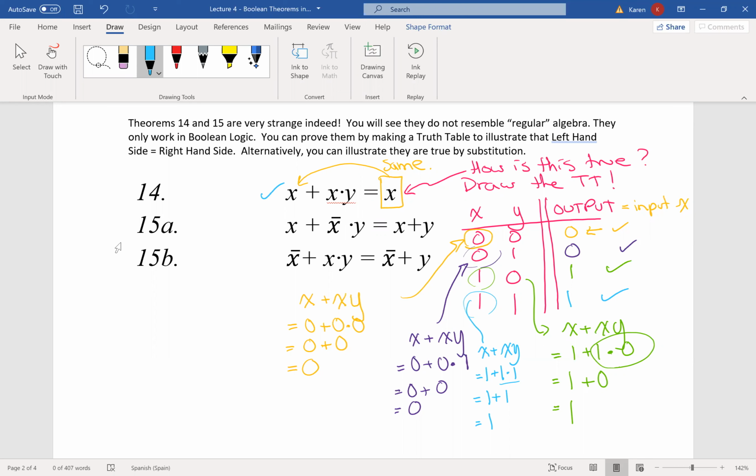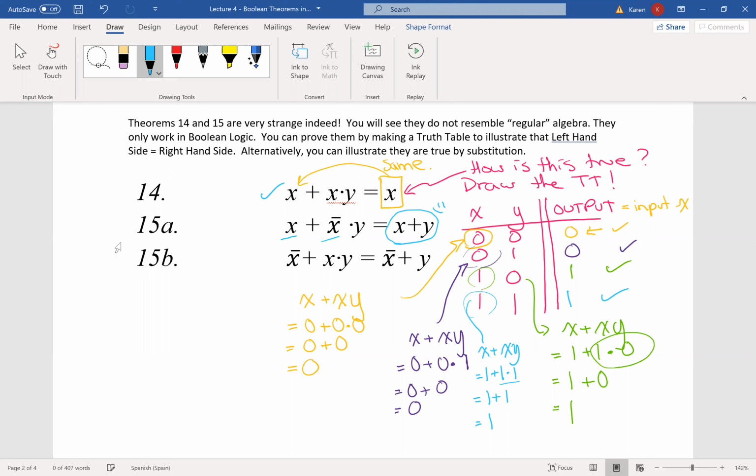I'd like to leave it as an exercise for you to check the truth table on 15A and 15B. 15A and 15B are very unique. They don't come up very often, but they will come up on your midterm. So take a look at their structure. Input X or input X inverted ANDed with Y can be simplified to this very simple expression.